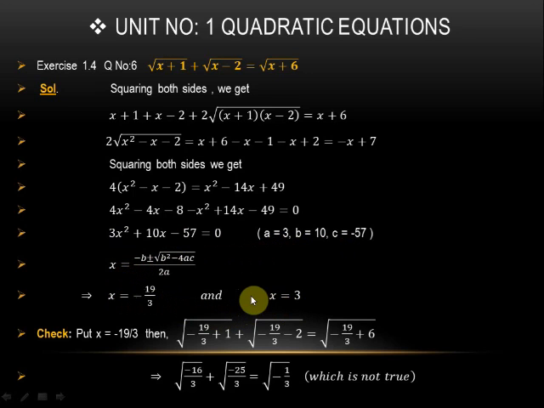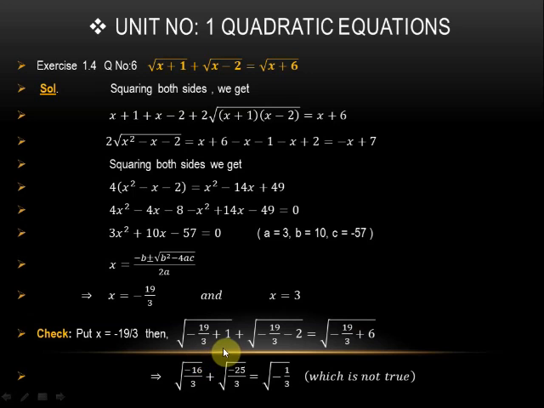Now for finding the check, we put these two values of x one by one in the parent equation. So check, put x is equals to minus 19 by 3 in the parent equation. We will get under root minus 19 by 3 plus 1 plus under root minus 19 by 3 minus 2 is equals to under root minus 19 by 3 plus 6.